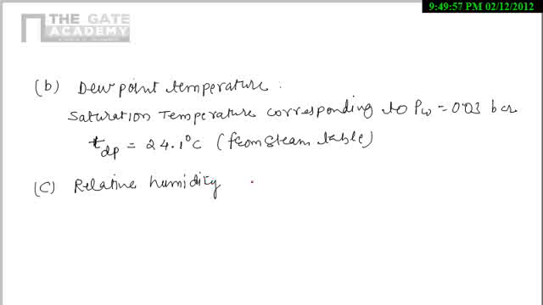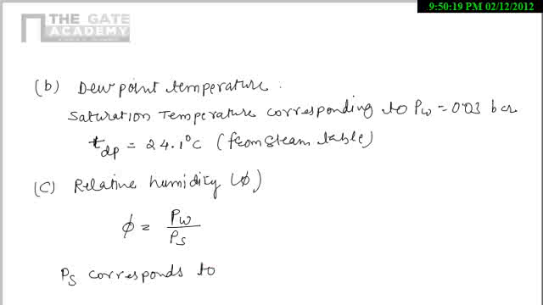Now let's take part C, that is relative humidity. For relative humidity, we have the formula Pw by Ps. Ps corresponds to the dry bulb temperature, 32 degrees centigrade, and Ps at 32 degrees centigrade will be 0.048 bar.